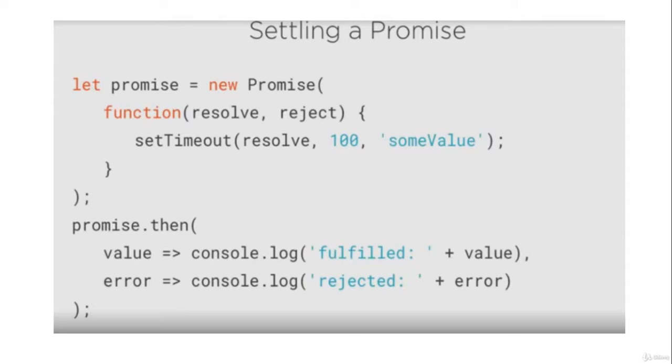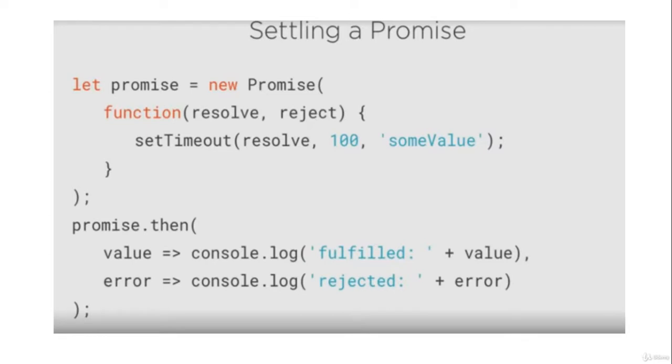Because of the asynchronous nature of promises, you might have to wait some time, whether for a timer, an HTTP call, or some other asynchronous event, and you will have to wait until one of these two functions gets executed. But that's what promises are all about. They are about handling a success value or an error value from an asynchronous operation.